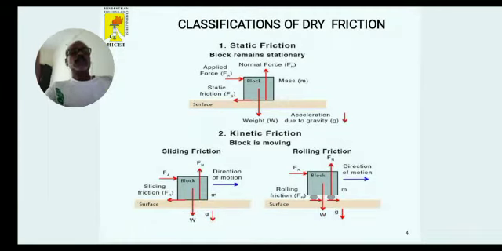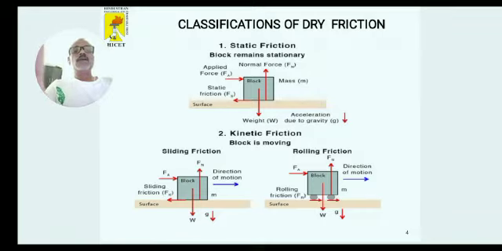The first classification is static friction, when the block remains stationary. See the diagram: the block is placed on the rough surface. The block's total weight acts vertically downward towards the centroid point, and opposite to it is the normal reaction.